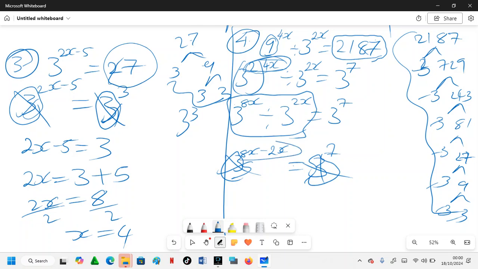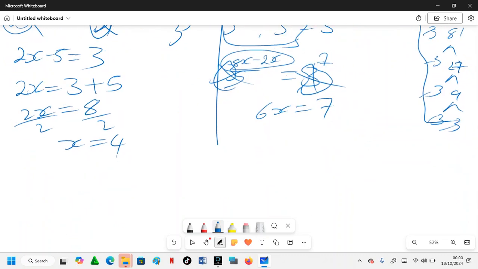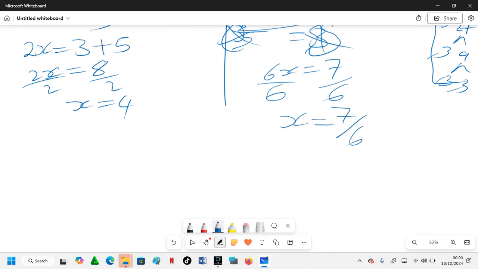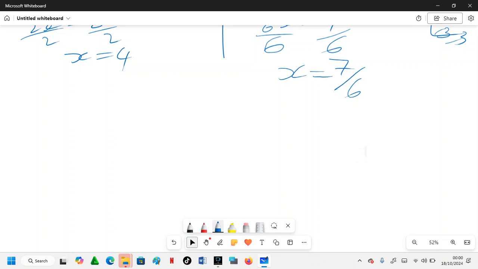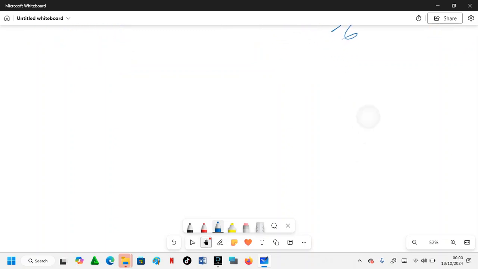So 8 minus 2 is 6x is equal to 7, and therefore x in this case is 7 over 6. I hope your solution is the same as that one, because that will mean you understood. Let us go to the fifth example.